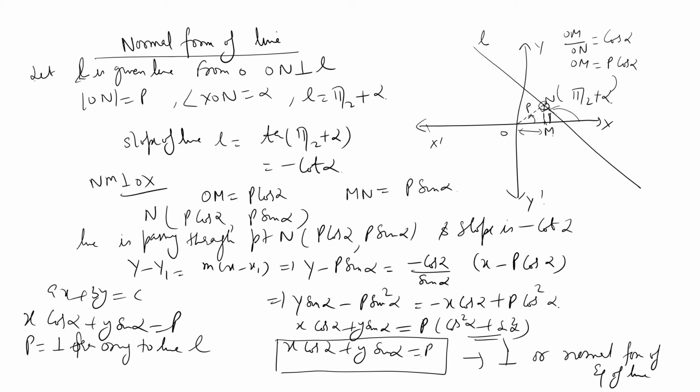Okay, and what is alpha? Alpha is the angle which this ON, the perpendicular distance, makes with positive direction of x-axis. Okay, so just remember, we will do that and it will be easy for you to understand.